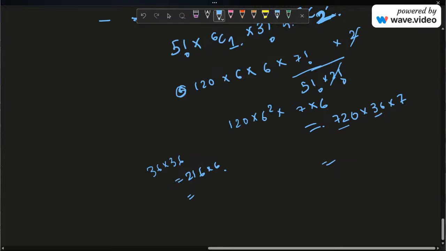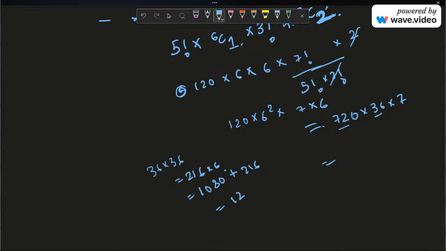That is 2160 ka half. 2160, half of that is 1080, plus 216, that is 1296.